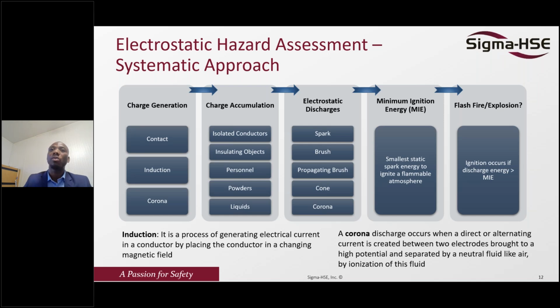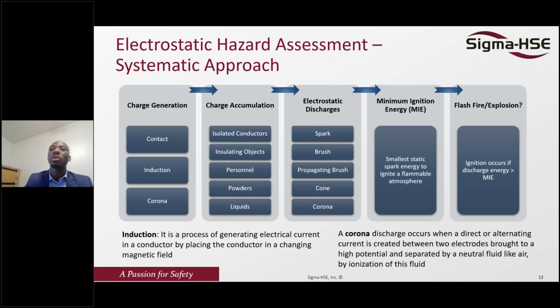There are key parameters that we also need to understand. The first parameter here is the ignition energy. Everything about electrostatics comes down to ignition energy. The ignition energy is the minimum amount of electrostatic discharge that can ignite a material. Every material has its own ignition energy, and below that energy, the material is not able to ignite.